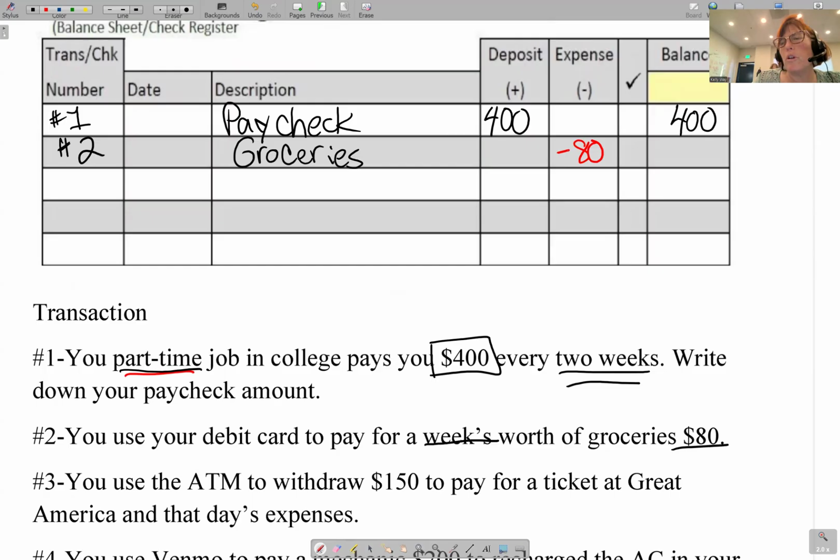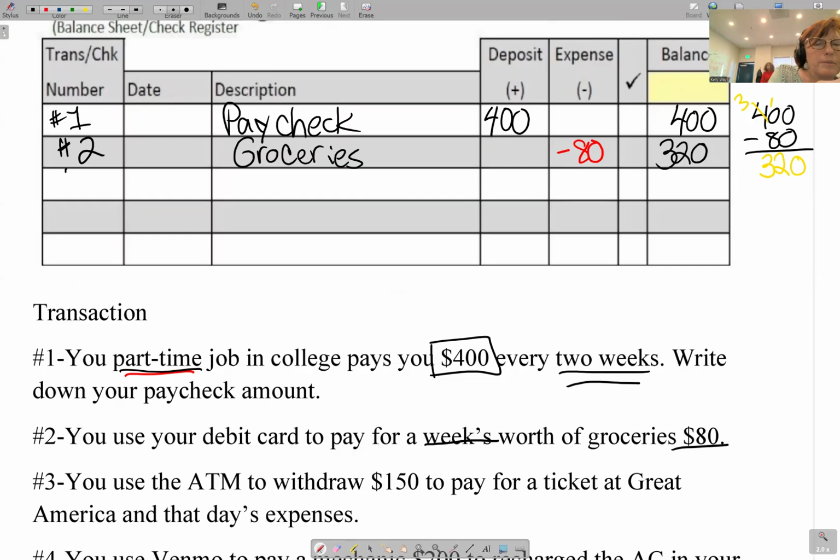So in the margin, you're going to go 400 minus 80. And we have to borrow. That becomes 3. That becomes 10. That's 0. 8 from 10 is 2 and a 3. So now, after that, we have $320 in our bank account.